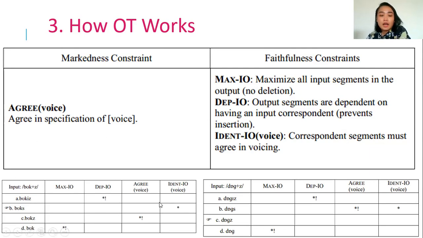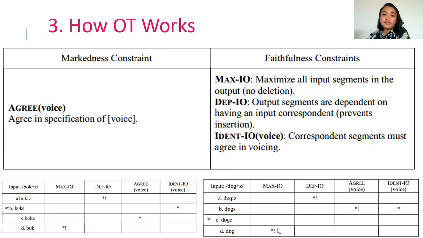And then for the markedness constraint, we usually hear books, because of the plural, and there is an S, there is a Z there, so we agree that it is books. Yeah, this is the agreed sound.